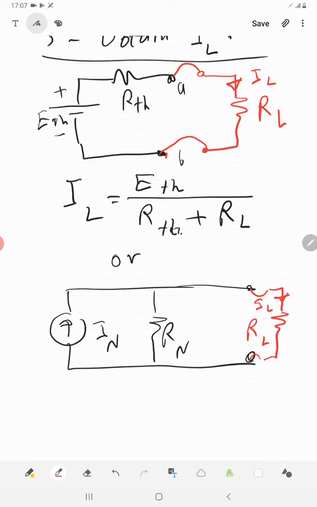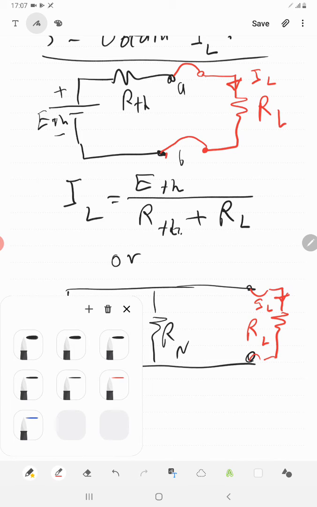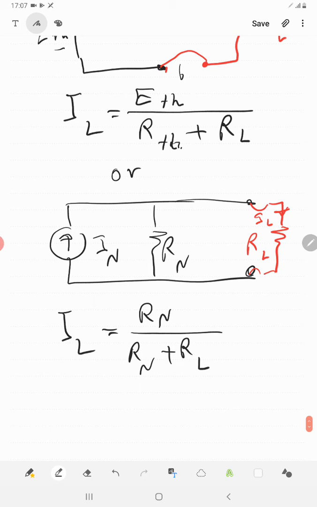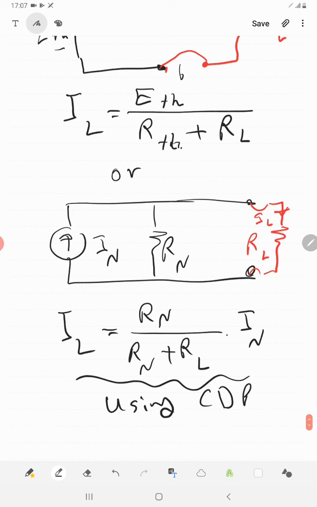Then simply still we can determine I load is equal to RN divided by RN plus R load, times IN. So what we are usually using is the current divider rule, okay? So it simplifies the circuit.